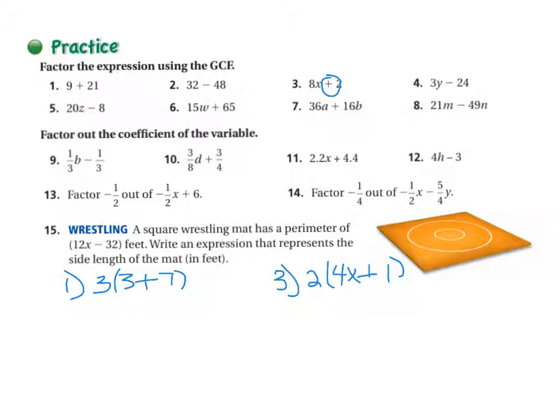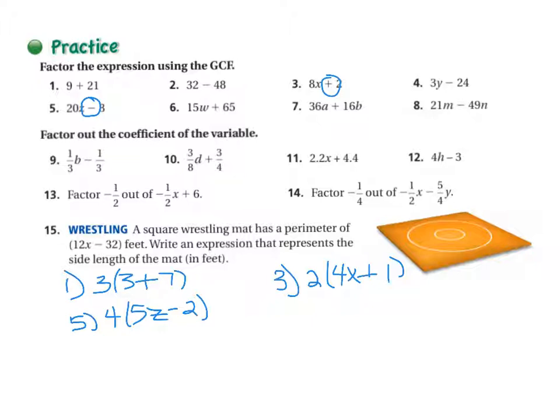And number 5 is 20z minus 8, and the greatest common factor there is 4, and 4 times 5z equals 20z, and 4 times 2 equals 8. There's a subtraction sign in between them, so we put that in the middle.